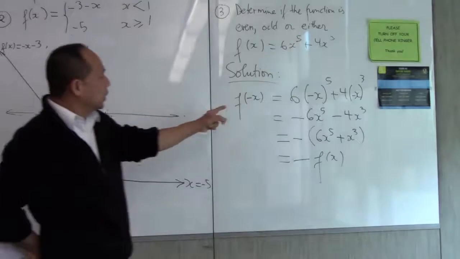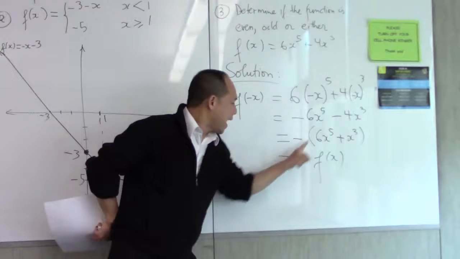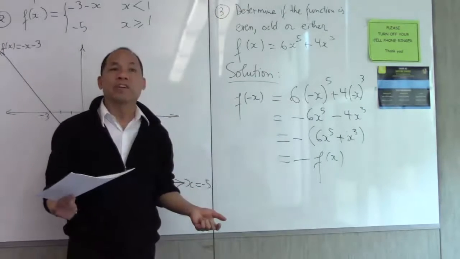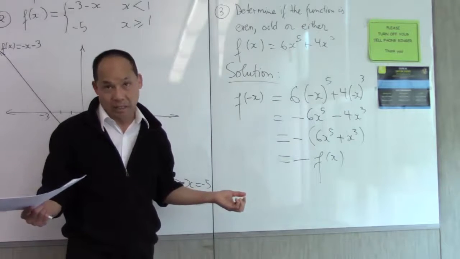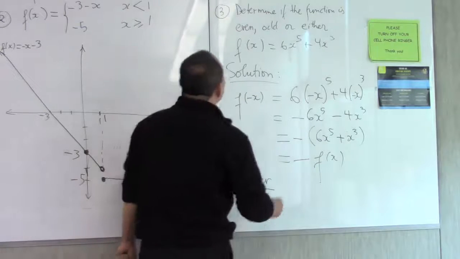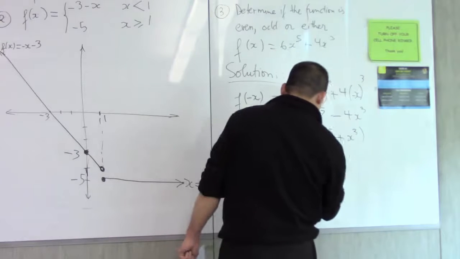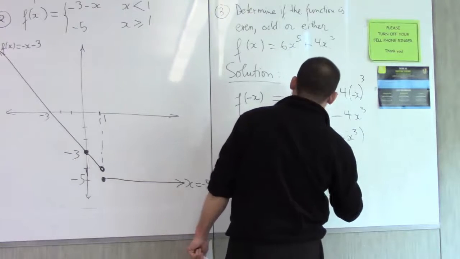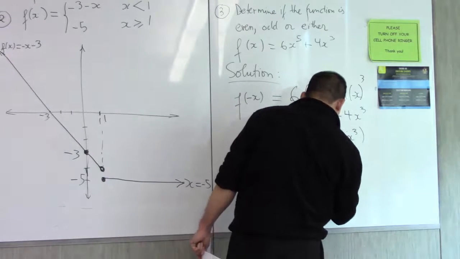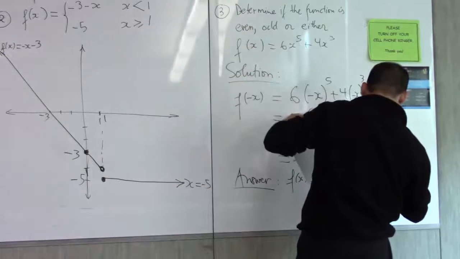When you change the sign of x, the whole f(x) changes sign. If you write it this way, you conclude right away the function is odd. So you can answer: f(x) equals 6x to the 5th plus 4x cubed is an odd function.